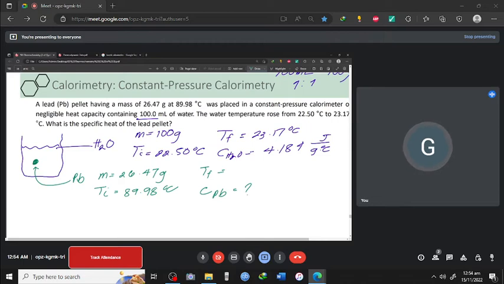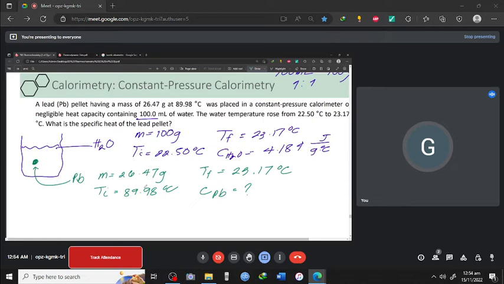So we assume that the final temperature of lead is equal to the final temperature of water, then. So that is simply 23.17 degrees Celsius.